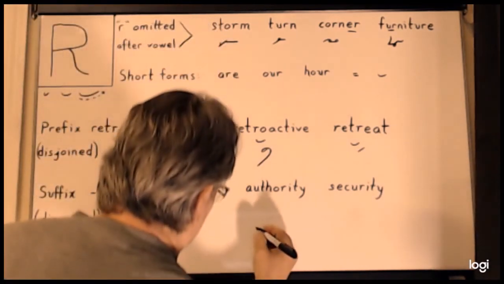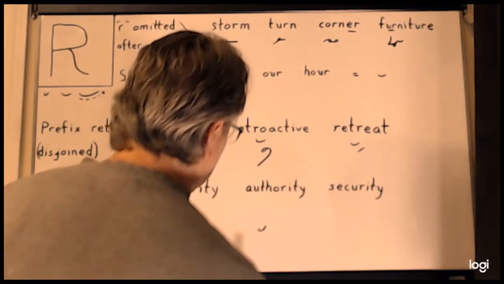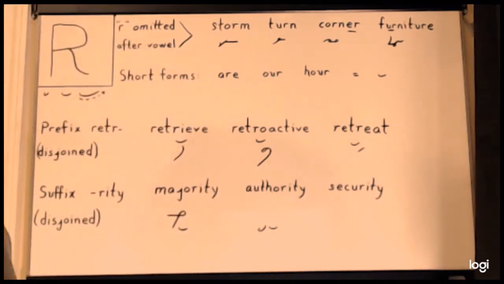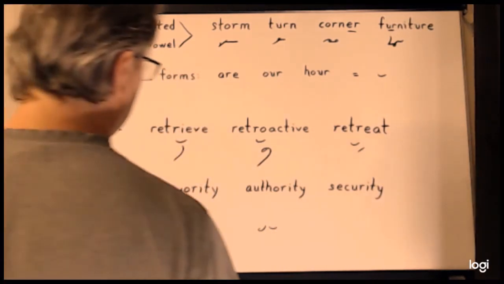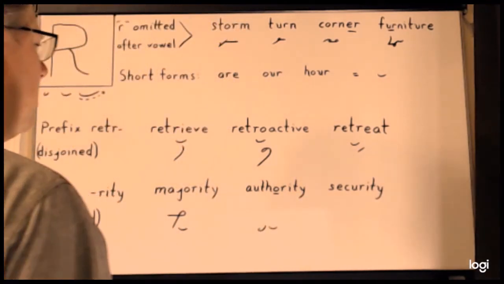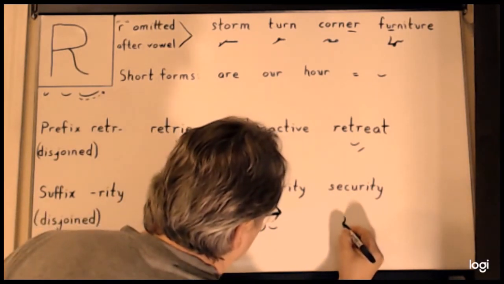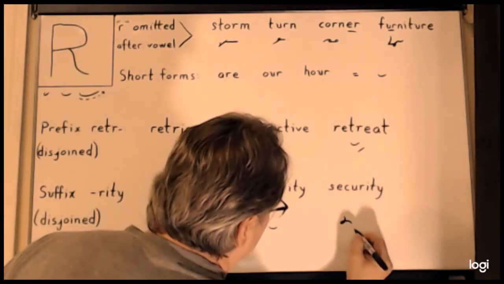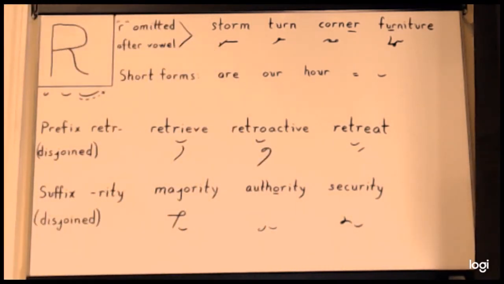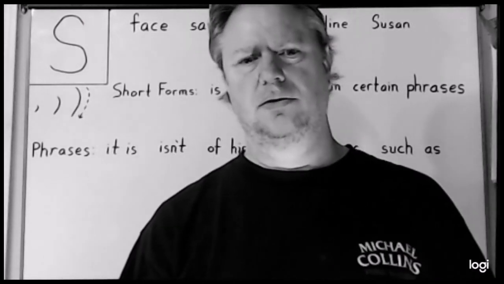Authority will be the O sound, T-H, and then disjoined R, and authority. And again, the O here is understood when it's disjoined. Then lastly, the word security is S-E-K, disjoined R. Security.